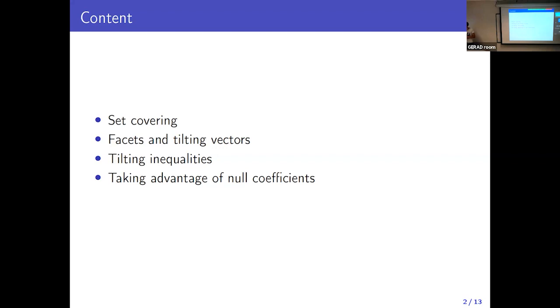The next section is about how to use those tilting vectors in order to tilt inequalities for the set covering problem. And finally, I'm going to talk a bit more about computations, how to take advantage of tilting not general inequalities, but sparse inequalities, in order to get those tilting computations done much more efficiently and lose less computing time.